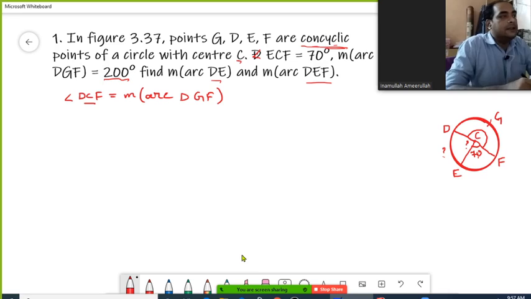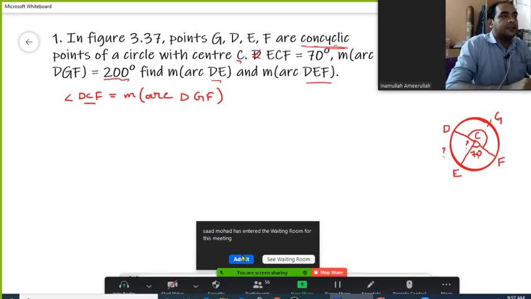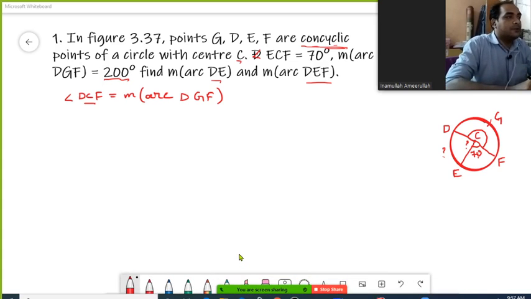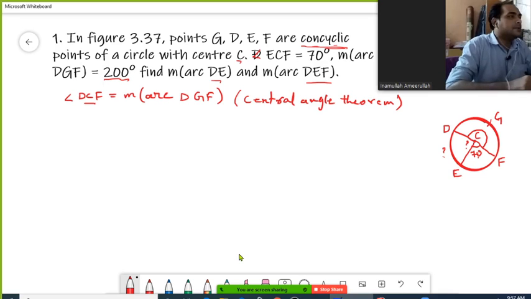Since DCF is a central angle, the measure of its corresponding intercepted arc should be equal, and this is because of the central angle theorem. So here you will write central angle theorem. Last time we already discussed this theorem. So this way, if arc DGF is 200, angle DCF will also become 200. So here we can write DCF is equal to 200 degrees.